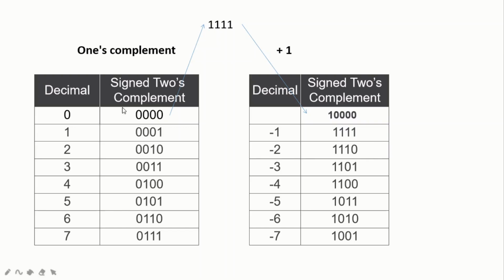Now let me ask you a question. What would be the result of adding each of these numbers to its corresponding negative number? It should be 0, right? Now let's perform the addition operation on each of these 2's complement representations with their corresponding negative numbers.